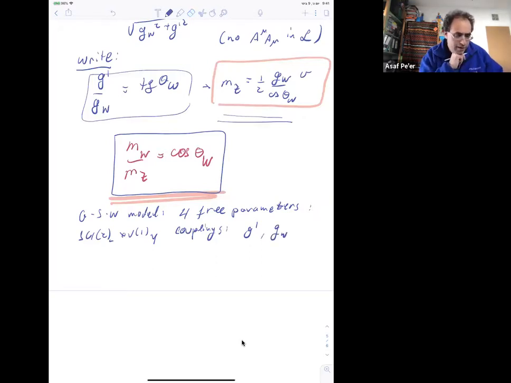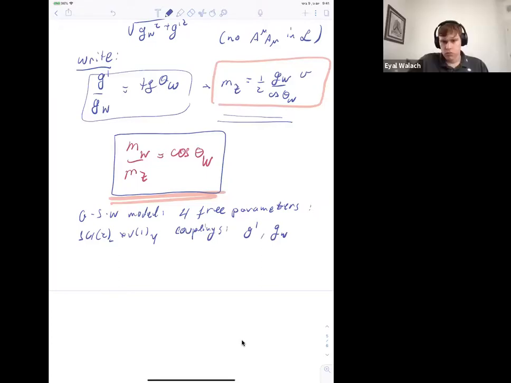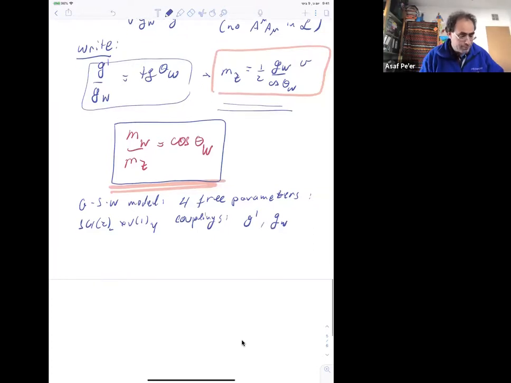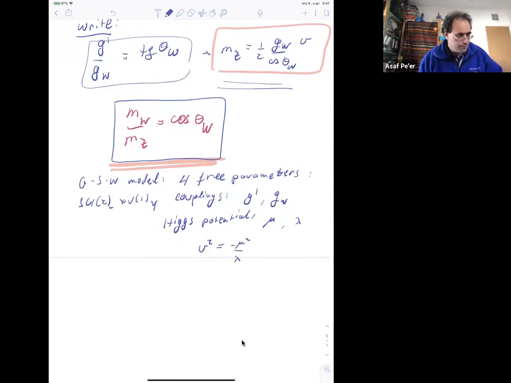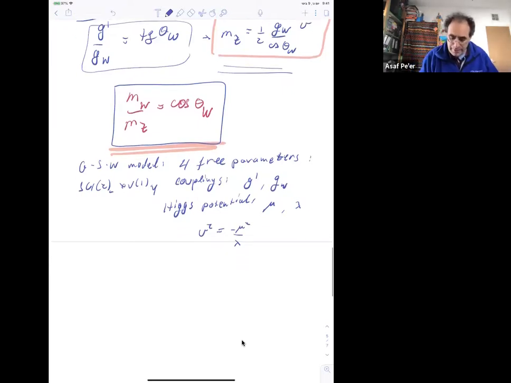And then we have the Higgs potential and the vacuum expectation value. So mu and lambda, which are related to v via v squared is minus mu squared over lambda, and also to the mass of the Higgs, because the mass of the Higgs squared is just 2 lambda v squared.